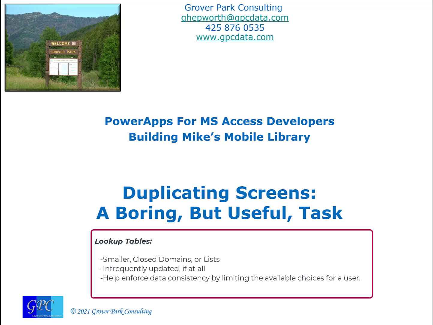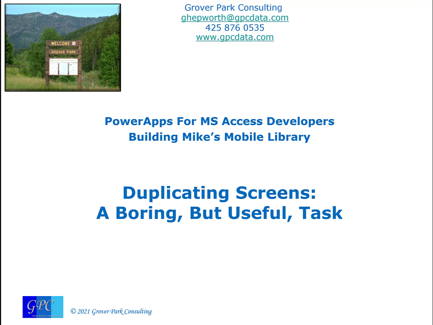And we're using 3 of those lookup tables in our Power Apps application for the library. And so we're going to quickly go through that process and emphasize the fact that I think I discovered it's probably easier to do the duplication and then update names than it is to try to copy and paste 3 different times.